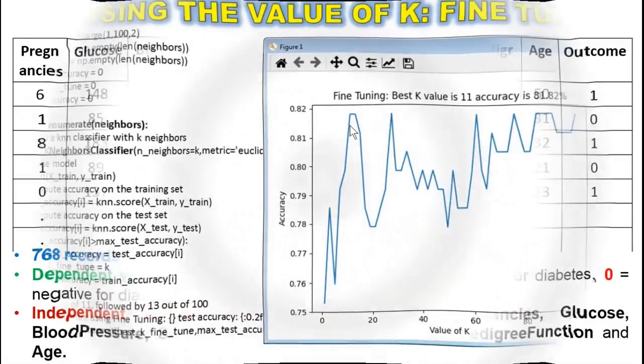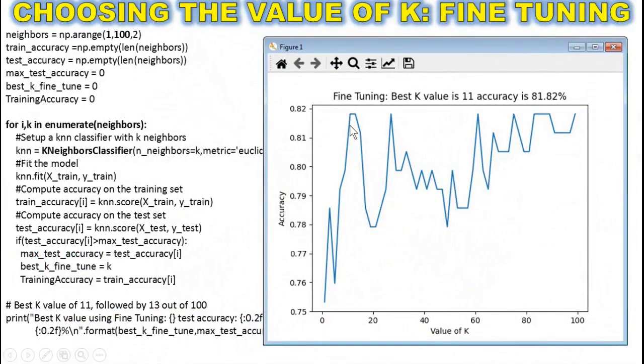Choosing the value of k by fine-tuning. The following Python code will determine the highest validation accuracy for odd numbers of k from 1 to 100.